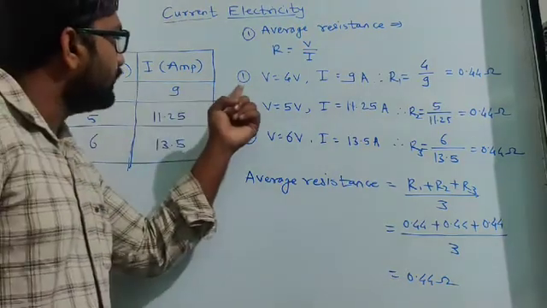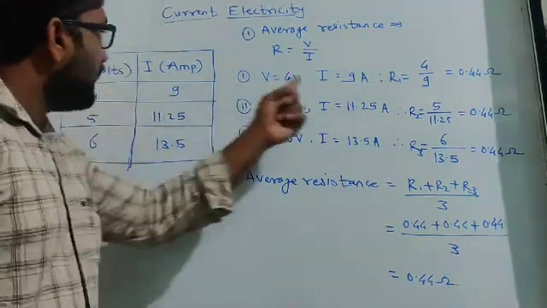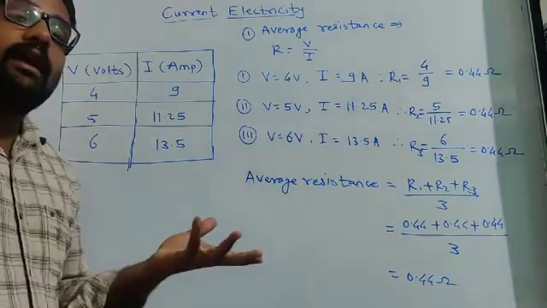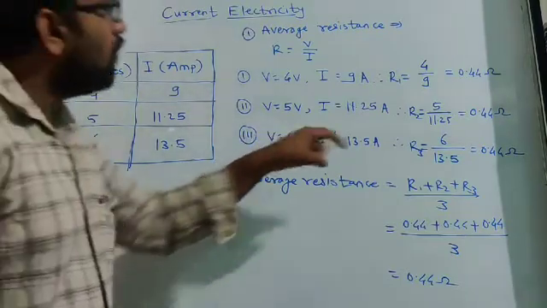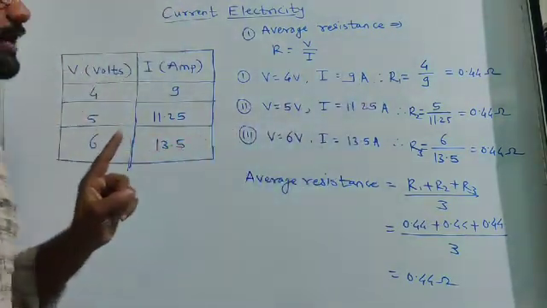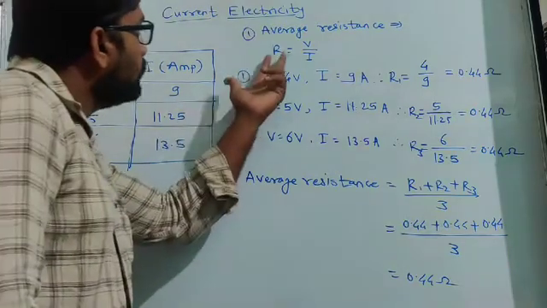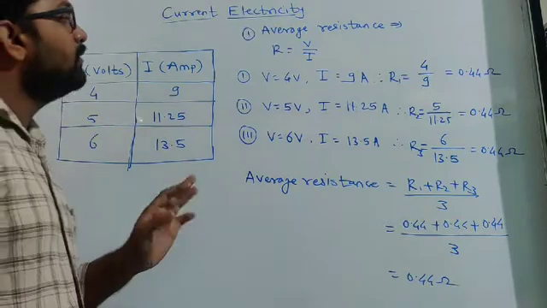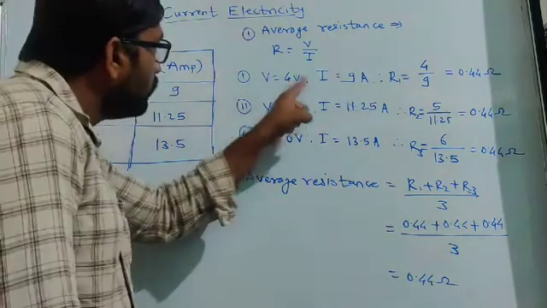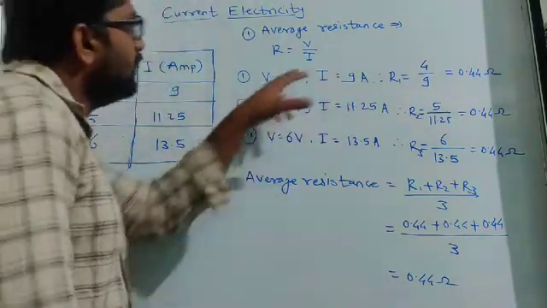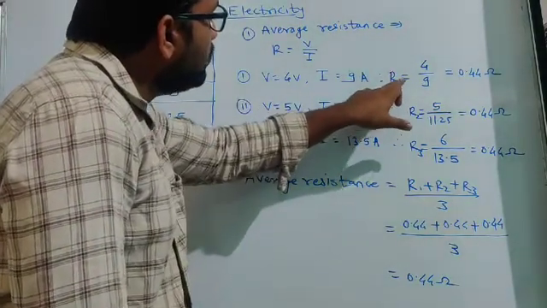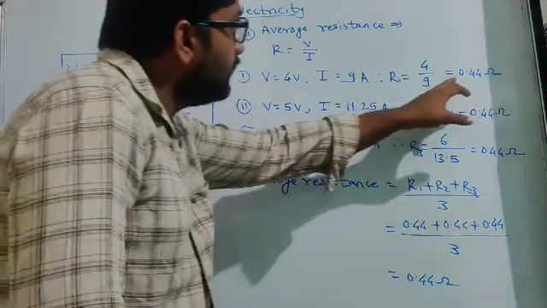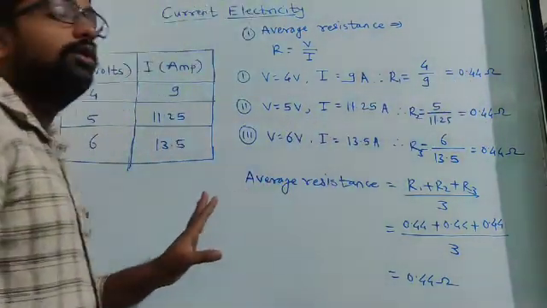Look at first: voltage is 4 volt and current is 9 ampere. At that time, whatever the resistance of the circuit is, we will call it R1. We know the formula of resistance is voltage divided by current. Here voltage is 4 volt and current is 9 ampere, so resistance R1 will be equal to 4 by 9, which is 0.44 ohm.